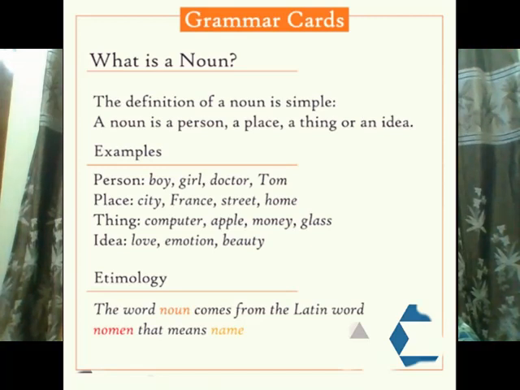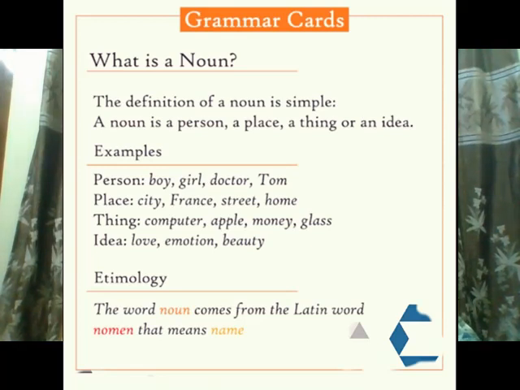Now I'll give you a few examples. For persons, we can say boy, girl, doctor, any name, Tom, Abraham, Ram, Rahul. For places, we can say city, France, street, home, park, cinema hall. For things, we can take examples like computer, apple, money, glass, table, chair, bed.